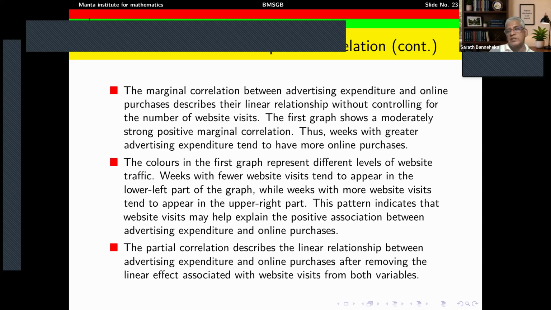So after removing the linear relationship with the number of hits, there is almost no linear relationship remaining between X and Y. That means when you regress X on Z and regress Y on Z, almost all the existing linear relationship is removed, and there will be no remaining linear relationship between X and Y after removing that effect. So that's what has happened here.